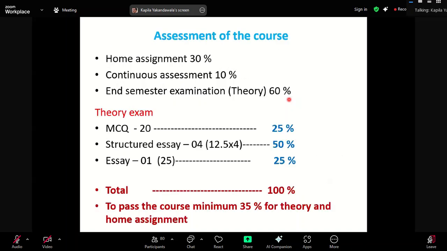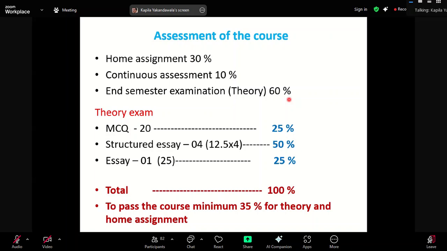At the end of the class, I will give you a home assignment, for which you can score up to 30%. Then continuous assessment is 10%. I will give you this mark when you attend the practical class next Sunday, where you will engage in certain practicals.